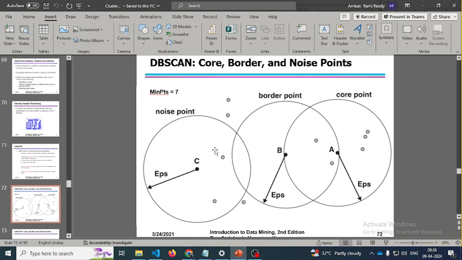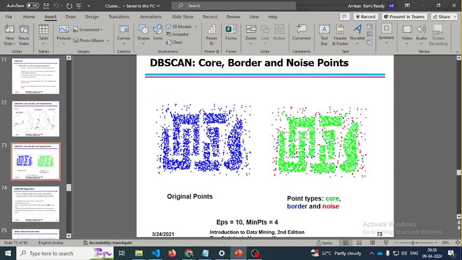Then we will see this example. These are your original points. Come to here. You see all the green points are your core points based on the previous example, your border points will look like blue color, and noise points will be like this.